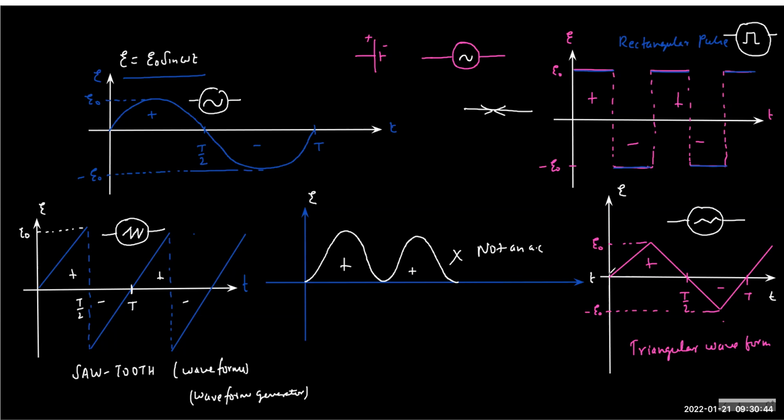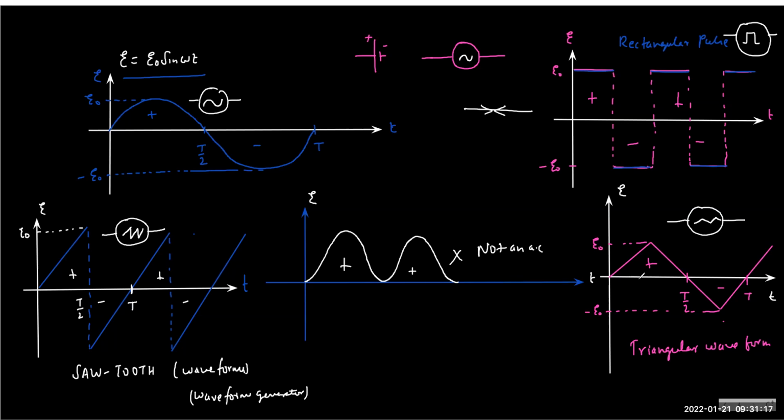Now, when such sources are attached to some circuit elements, let's say a resistor or inductor or capacitor, the current induced or produced will also vary in direction. So the source is the cause and the current will behave as per the source. We say the current is the effect, and therefore the current will become alternating or AC.